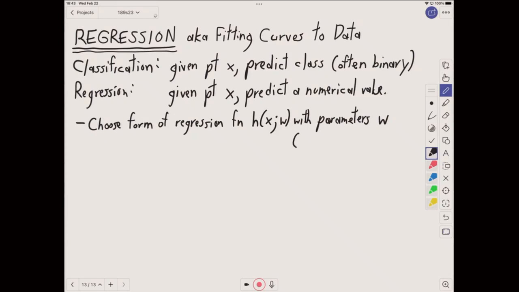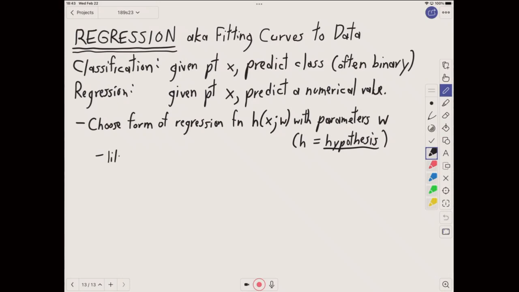Again, the reason we're calling it h is because that stands for hypothesis. And the hypothesis is the function that we're trying to fit to the points. First, we have to decide what is going to be the form of that function. Is it going to be linear, quadratic, something else?